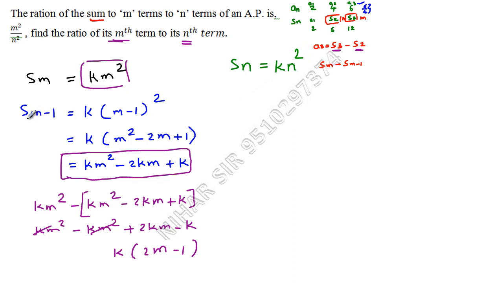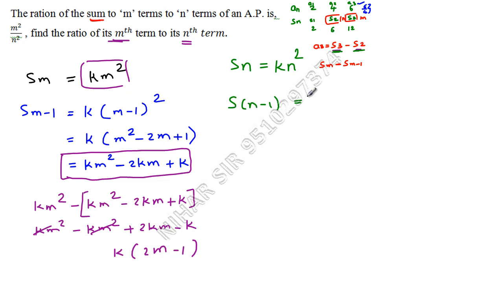And now in the same way, here we did Sm minus 1. You know the reason: I did S3 minus S2, the sum of 3 terms minus the sum of 2 terms, will give me A3. So the sum of n terms minus the sum of n minus 1 terms will give me An. So here this will be Sn minus 1.